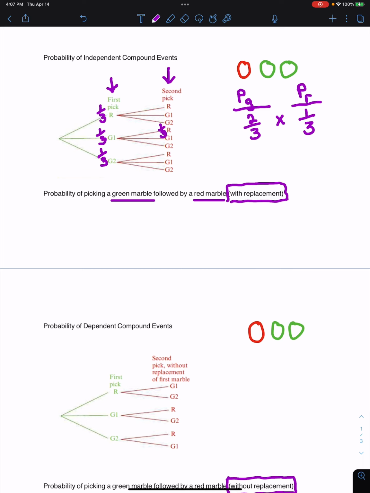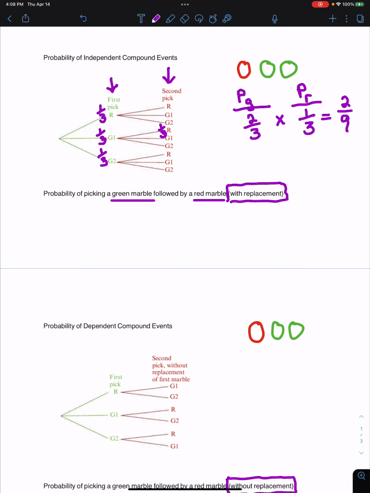And then all we have to do is multiply together the probability of our first event times the probability of our second event. So if we multiply 2/3 times 1/3, we get 2/9. And that is our probability of picking a green marble followed by a red marble.